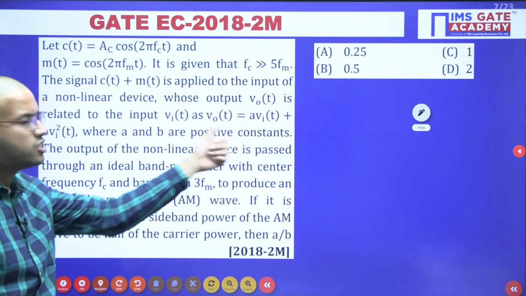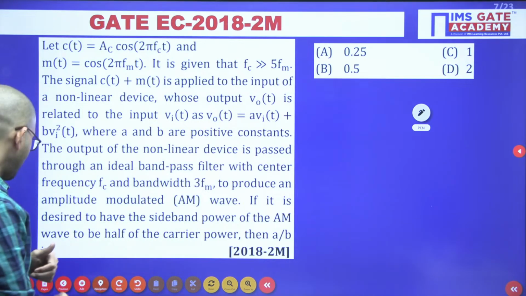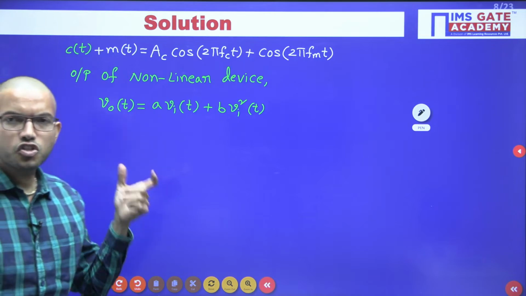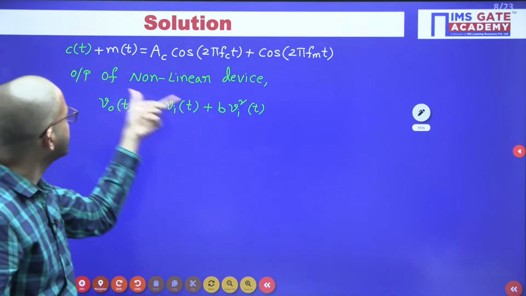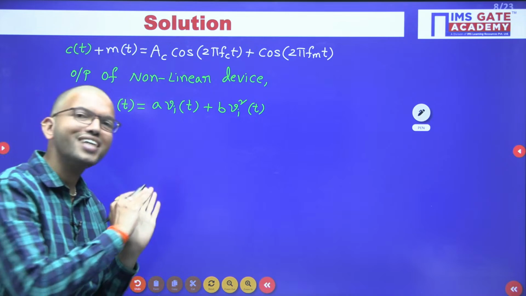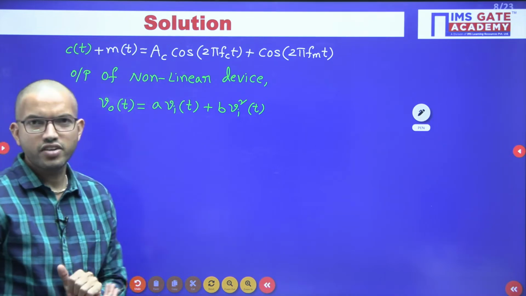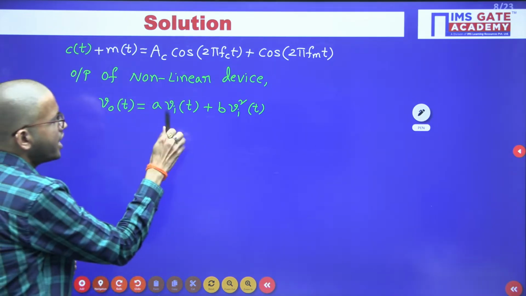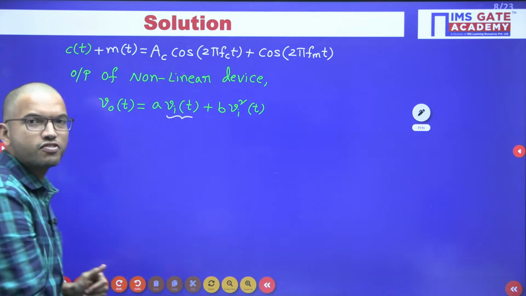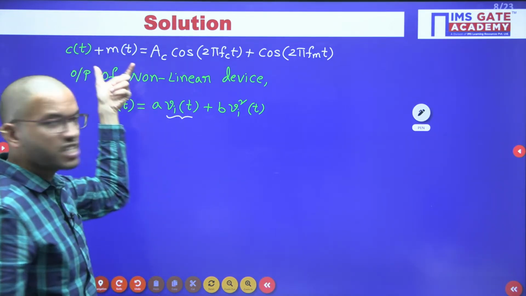Yes or no? According to this question, they mentioned c(t) + m(t) as the input to this nonlinear device. That means vi(t) is nothing but c(t) + m(t).